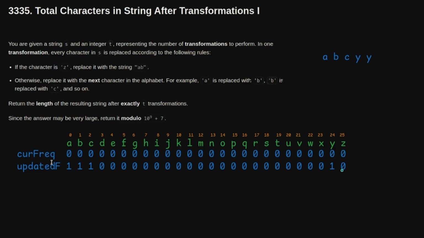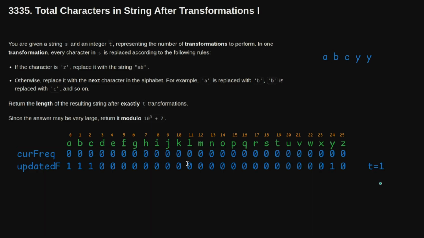After this first iteration I have to do 2 iterations. So this is t equal to 1. Once I have done the first iteration, the current frequency has been updated, and we need to find the new frequency.